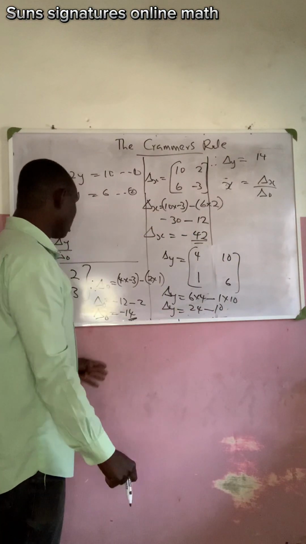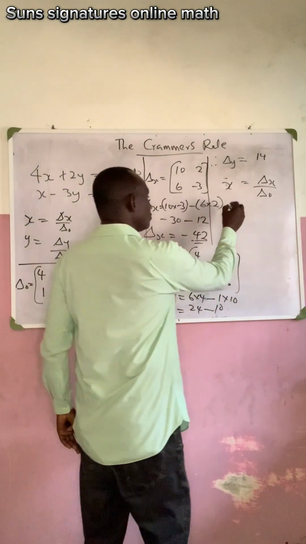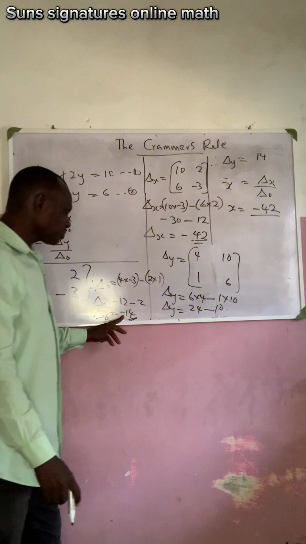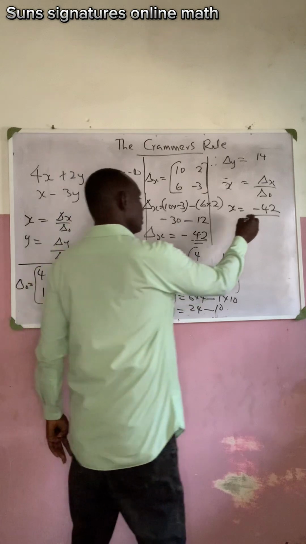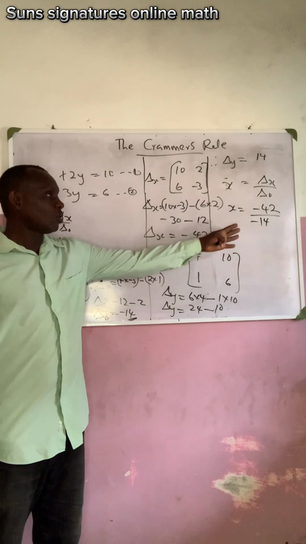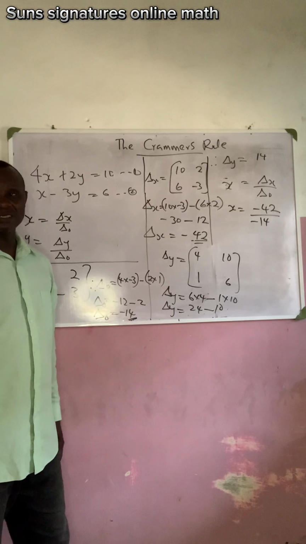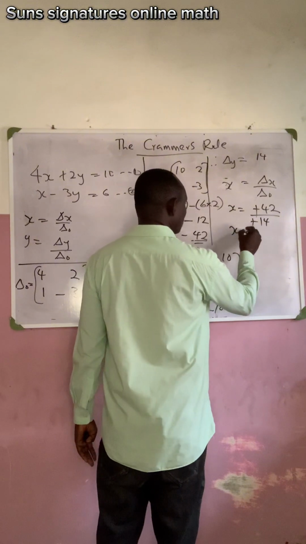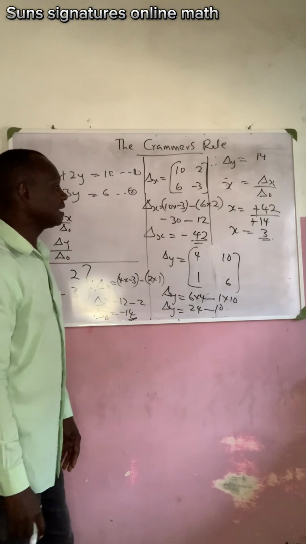My value of delta x is minus 42, so x becomes minus 42 all over my delta 0, which is minus 14. 42 divided by 14, and the signs cancel, so my x will be equal to 3. This is the value of my x.